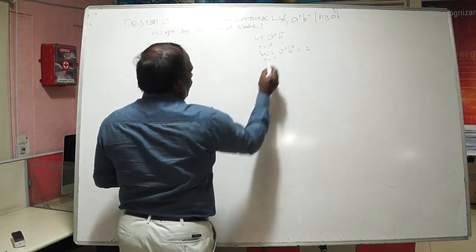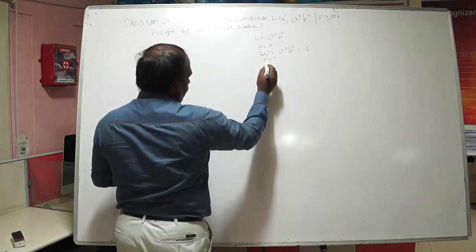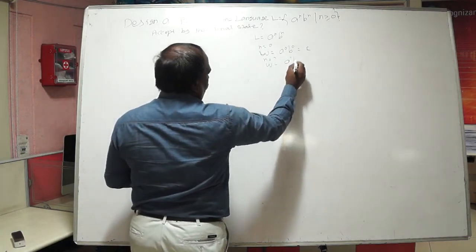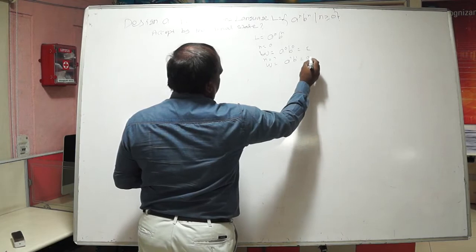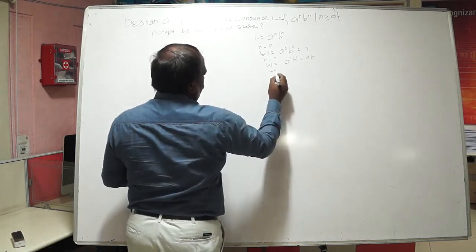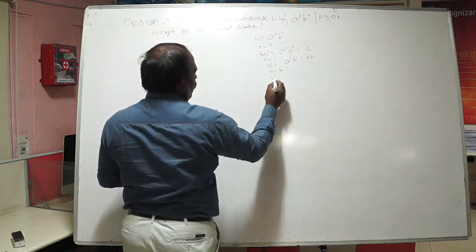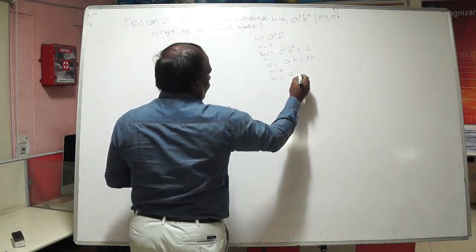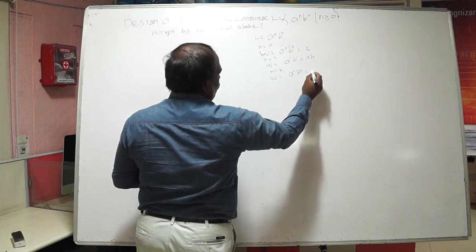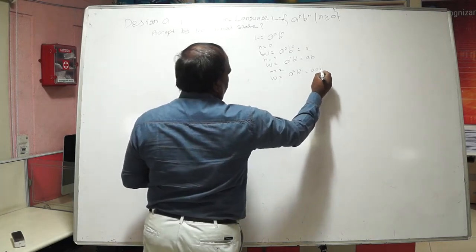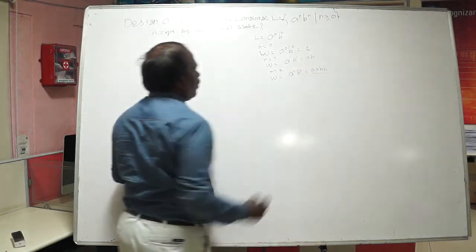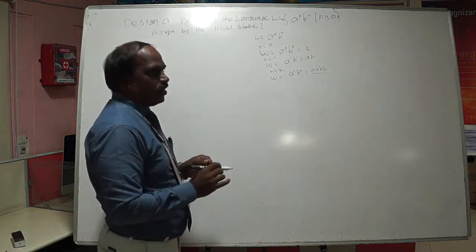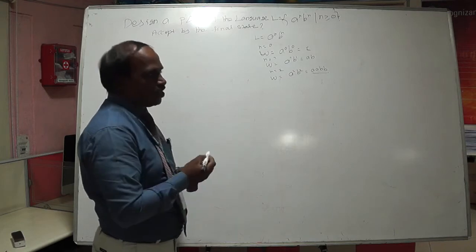When n equal to 1, the string generated is A power 1, B power 1, which is equal to AB. When n equal to 2, the word generated is A power 2, B power 2, equal to AABB. So for any design, you should assign the value n equal to 2. It is the minimum value to design this successfully.